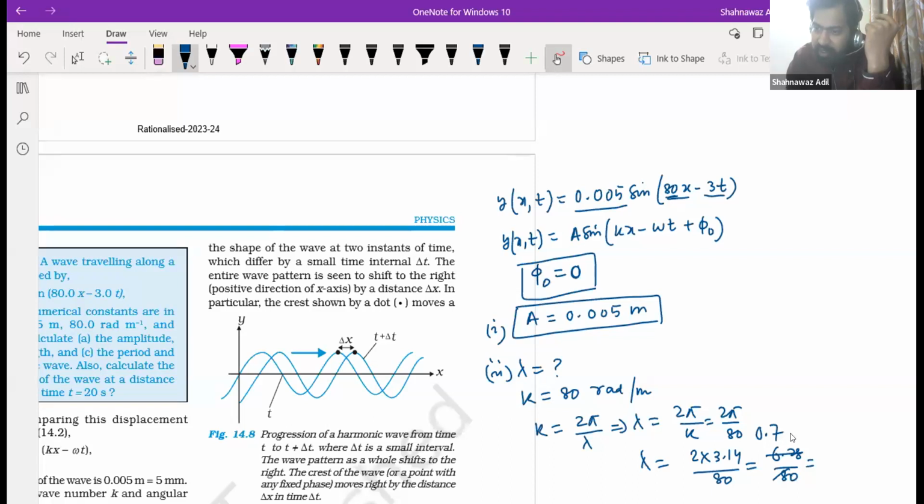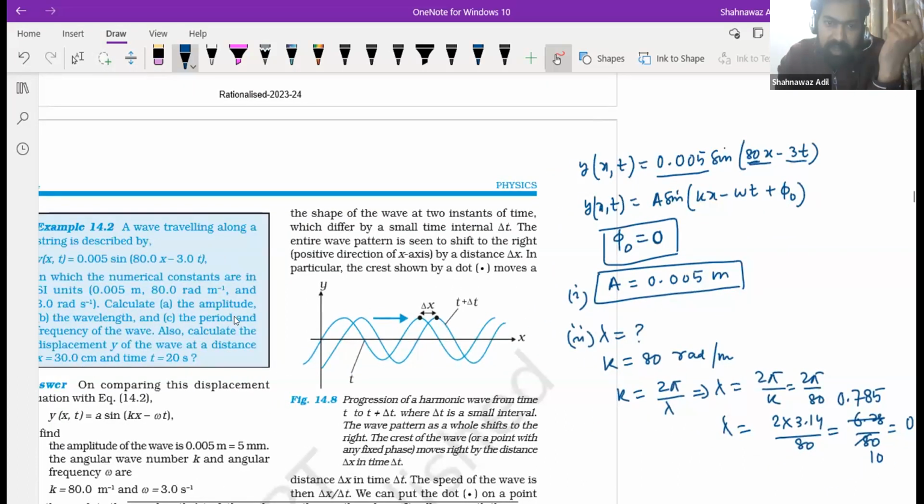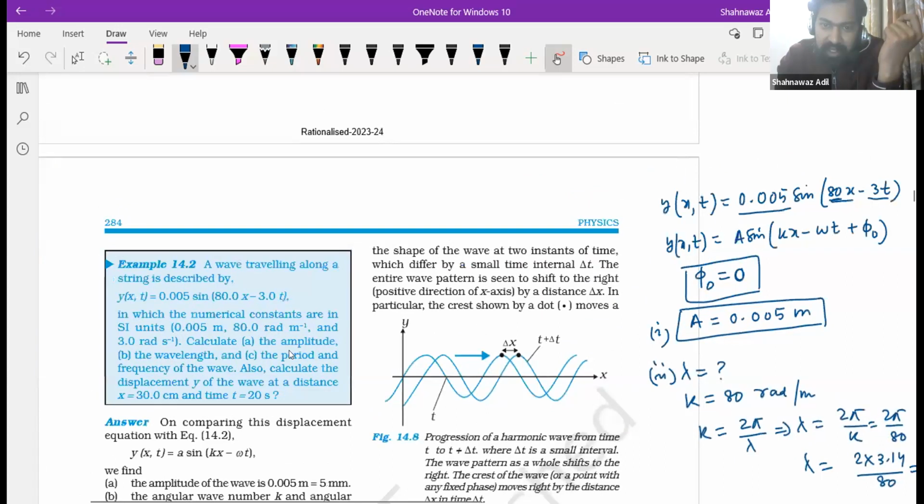And then this is 6, so 8 8s are 64, and 8 5s. So this is 0.785, and this 10 is also there, right? So we can write this as 0.0785 meters. So this is the lambda, and then we have to also calculate the period and frequency of the wave, right?